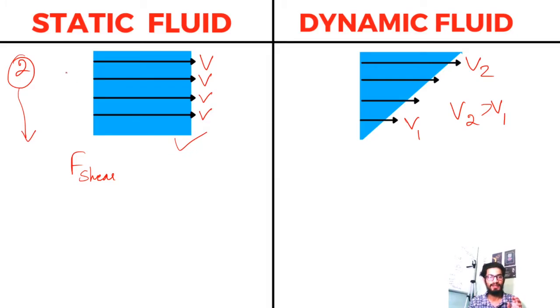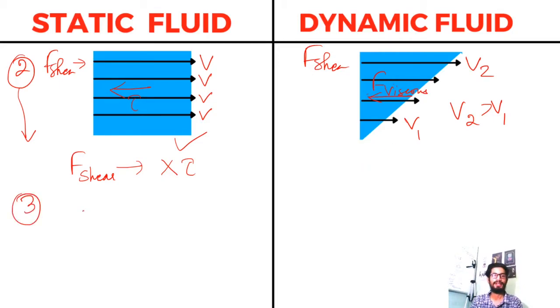So when a shear force is applied to a static fluid, there is no resistance created against it as a shear stress. But in dynamic fluid, when we apply shear force, there is some resistance because of the viscous force which comes into picture whenever there is a motion.